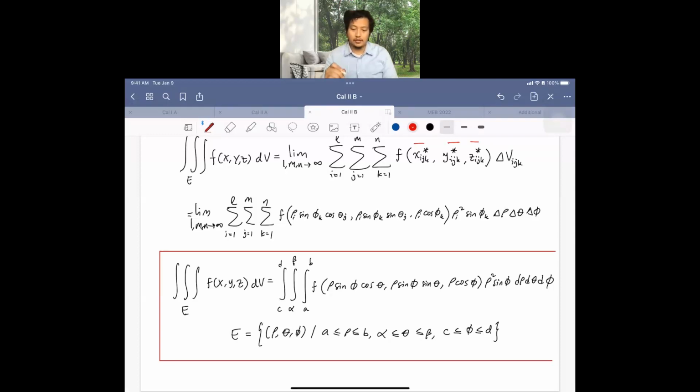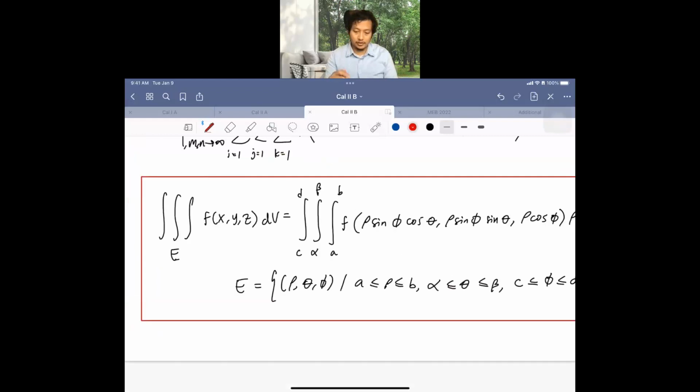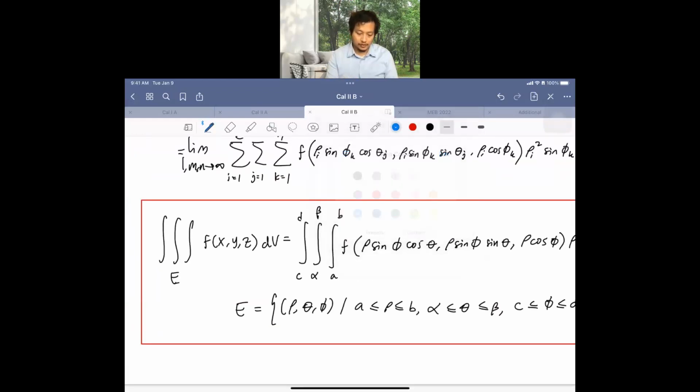From the sphere equations, for example, we have x squared plus y squared plus z squared equal rho squared. So whenever you find this, or anything you can correlate with the sphere equations, probably if you convert to the spherical coordinates, the integrations might be simplified. Probably it will be easier to convert.